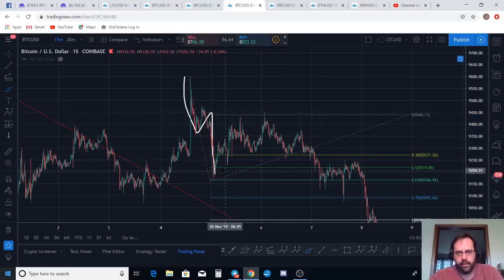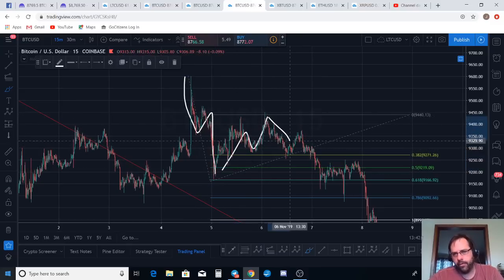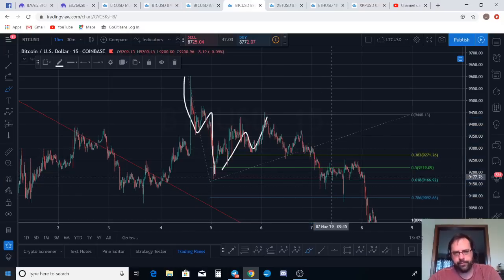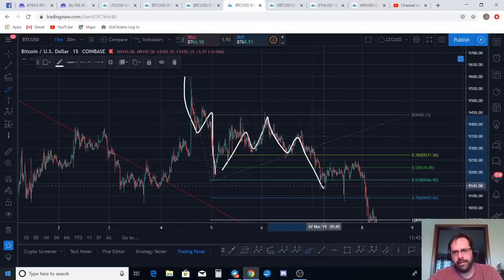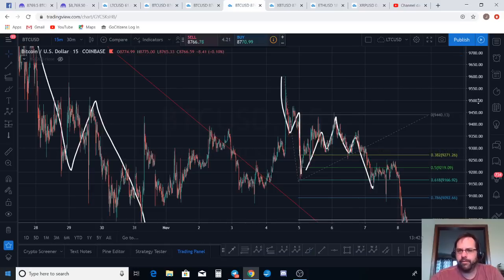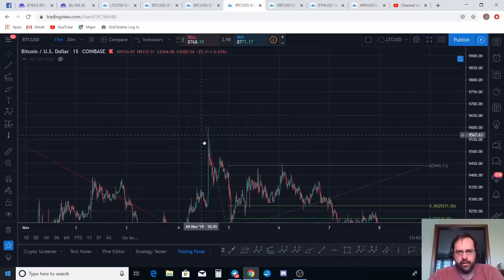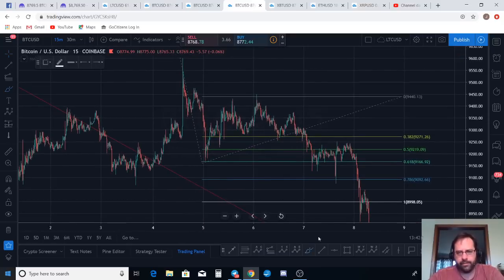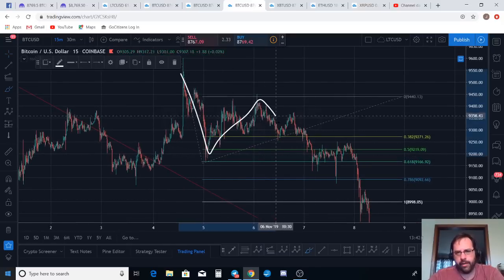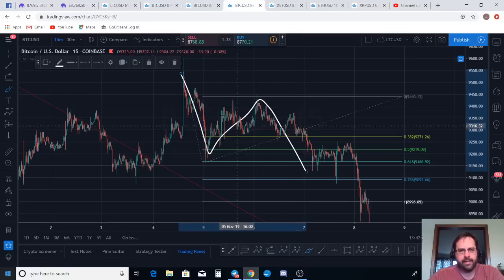And that's kind of a finished three wave move there. Let me simplify that a little bit. I'll try to explain why this matters in a minute. We've got a three wave and a three wave right there, and that's kind of done.